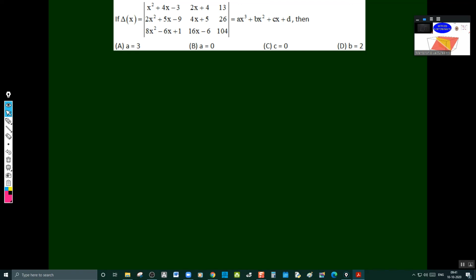If you get 0, then you can confirmably say that delta x is a constant. Are you with me what I'm saying? Yes, sir. So B and C should be correct then. Because if it's a constant, then it is independent of any powers of x.